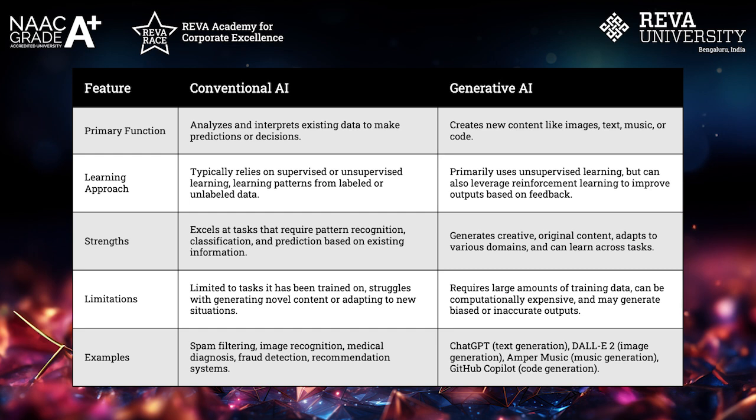The learning approach: conventional AI basically uses supervised and unsupervised historical data and all of that. Generative AI is trained on internet data, right? So it doesn't necessarily say, okay, I'm going to do supervised or unsupervised. It basically uses an approach which is called fill in the blanks, or the masking technique, right? So for example, you expose the models to a large amount of data, and then you blank out certain things, and you have the model predict what is going to be the next word.